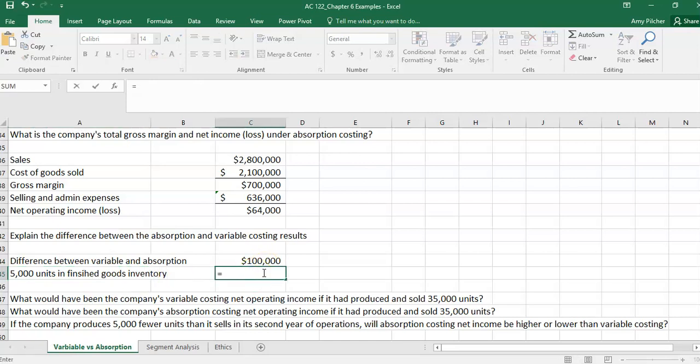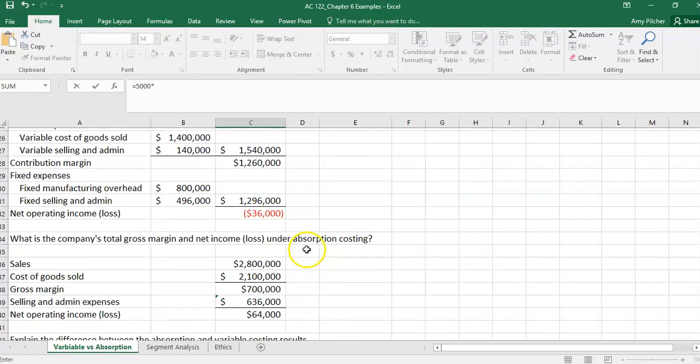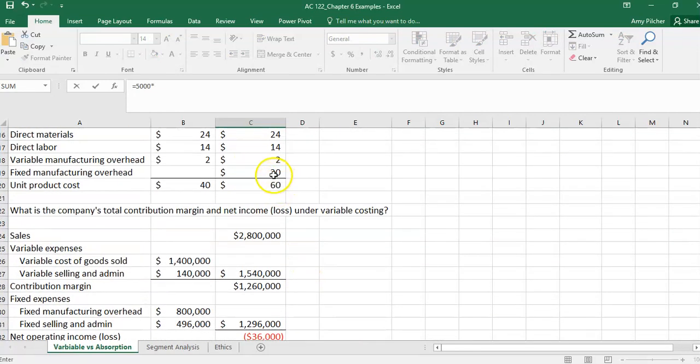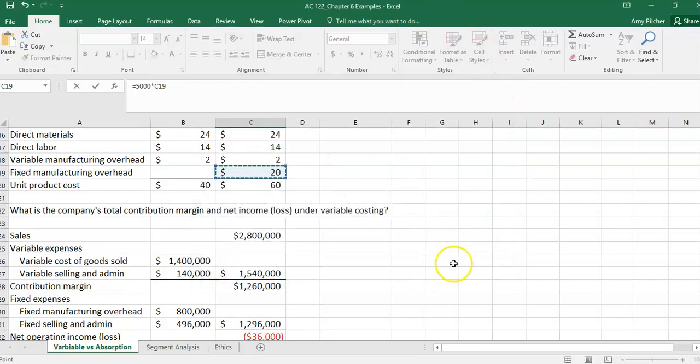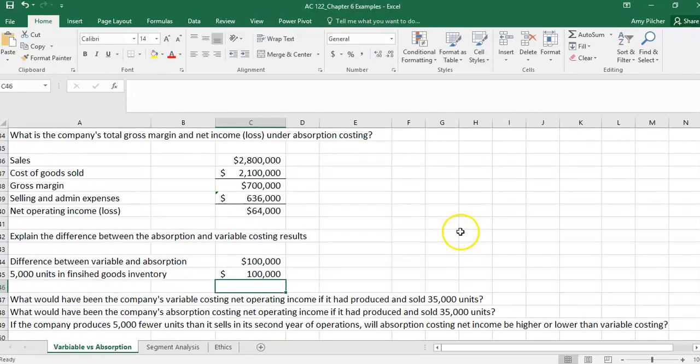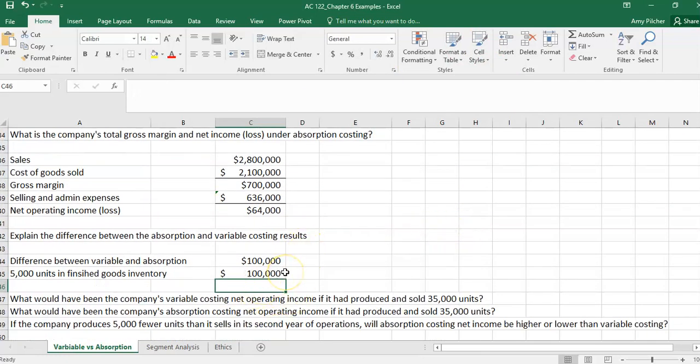If we take 5,000 times our $20 fixed manufacturing overhead amount per unit, that is $100,000.